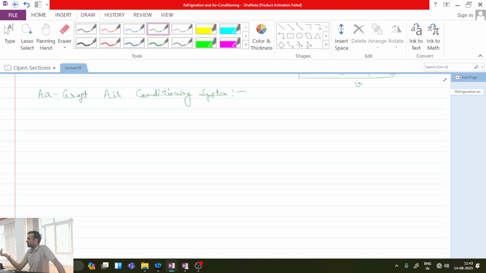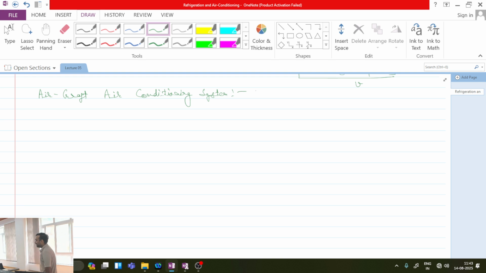For maintaining pressure, you again need not do air conditioning. You can simply use a blower or fan which can increase the pressure. Why is there need? For air quality, again you get fresh air from the ambient and keep on circulating it.